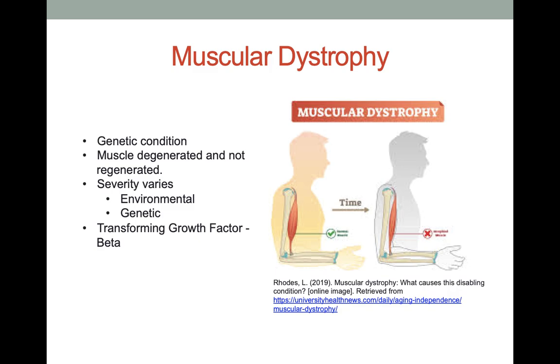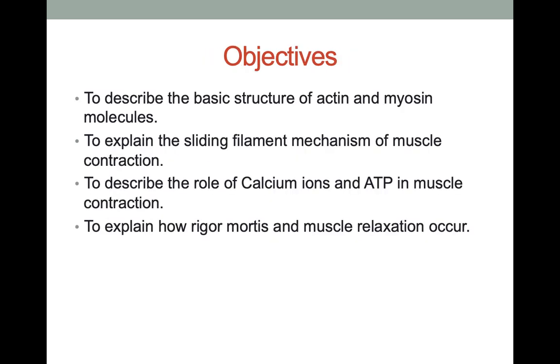So what we're trying to do is figure out a way to alter the TGF beta pathway or modulate its activity, so we may be able to alleviate some of the symptoms of dystrophy and bring back some better results.